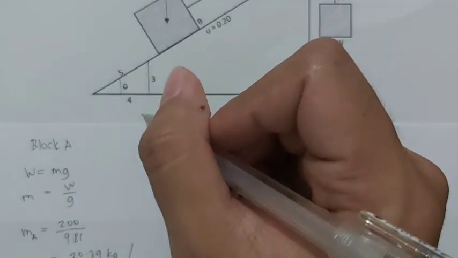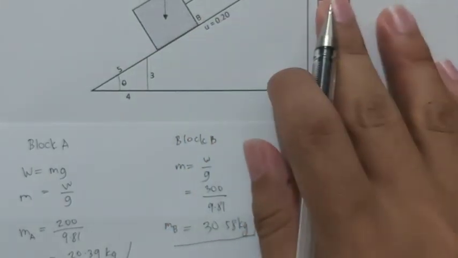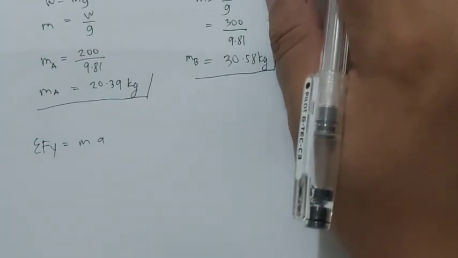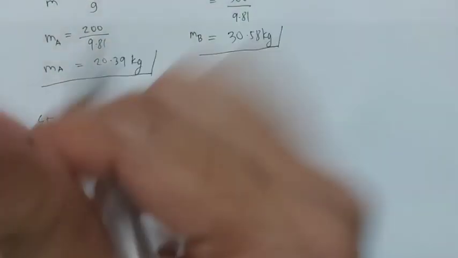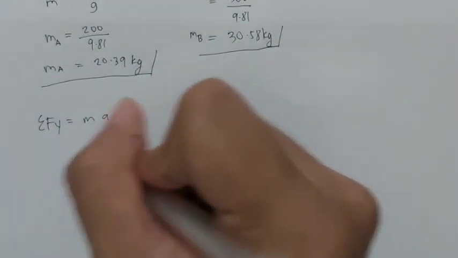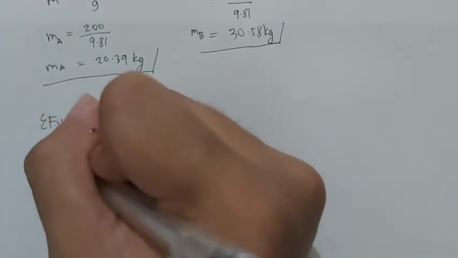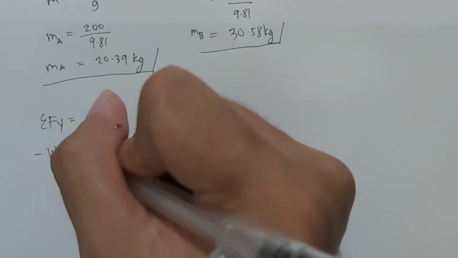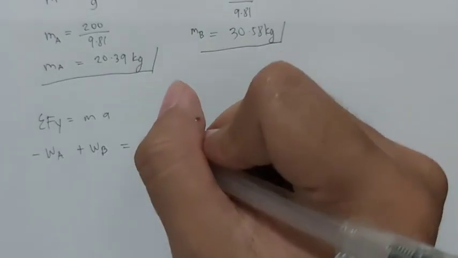So we have 3 over 5 yung ating gagamitin. Okay, so for summation of force, we have the negative weight of our block A plus yung weight ng ating block B, which is equal to MA.